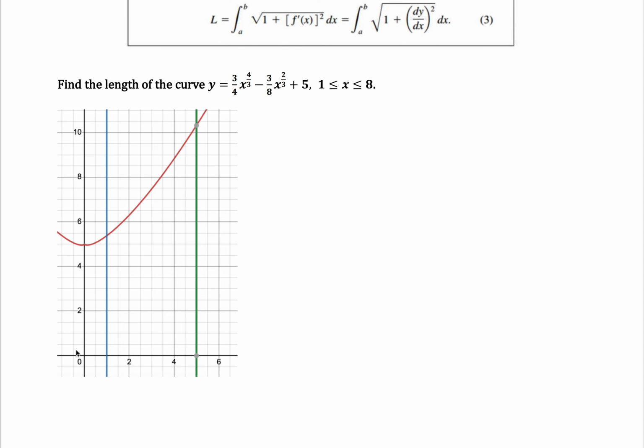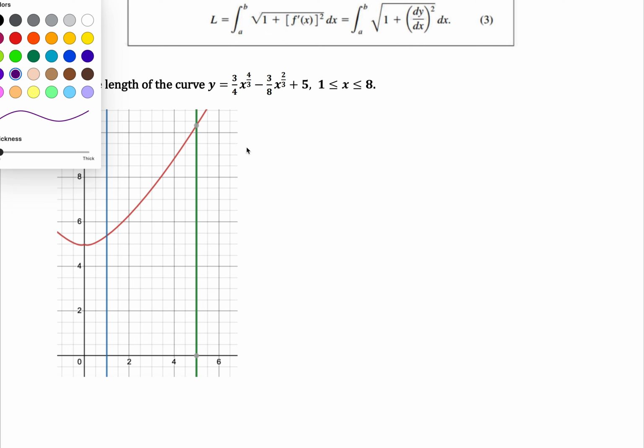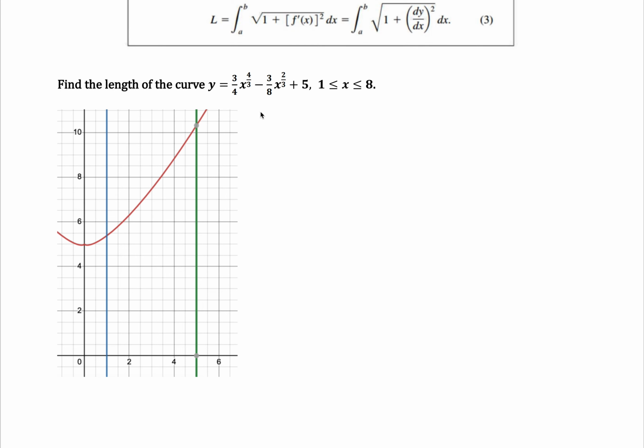So first thing I need is the derivative of y. So we'll go ahead and do that first. So dy dx. It would help if I had my pen turned on.